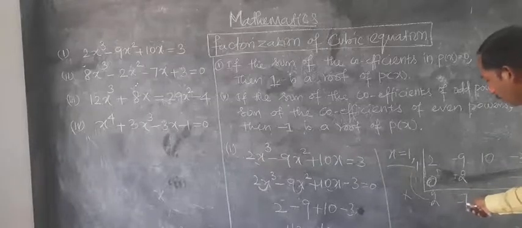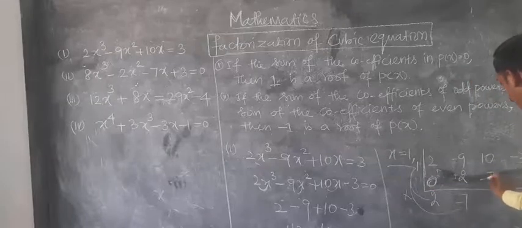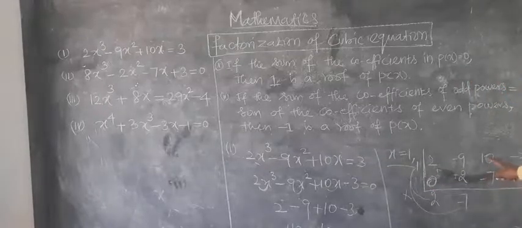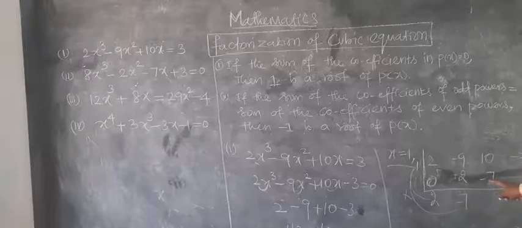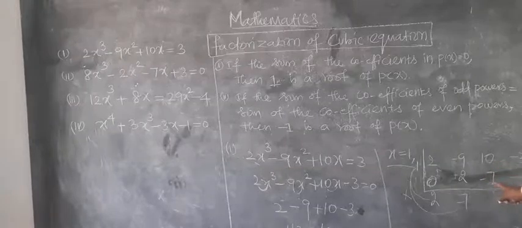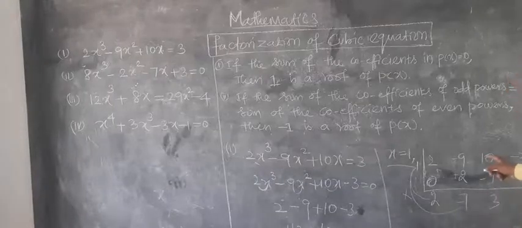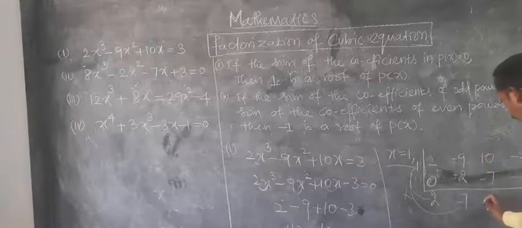Then you have one more thing. You have to multiply 1 into minus 7. The same way, positive 10, negative 7 is a different sign, so you subtract the small number from the big number. What is the answer? 3. The big number's sign is positive, so you put positive.